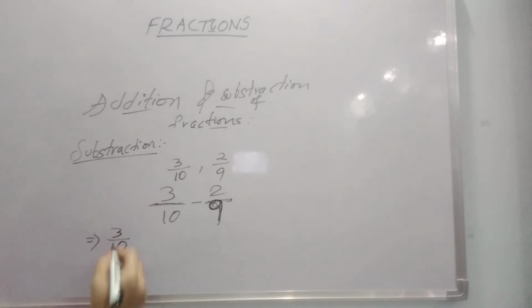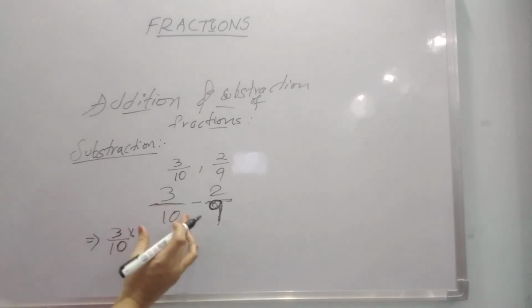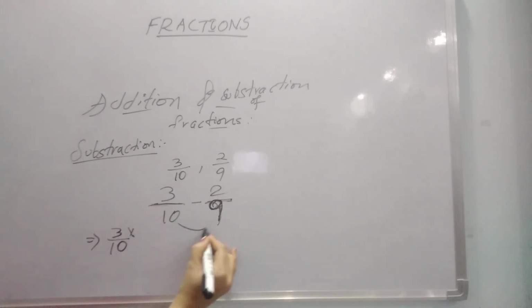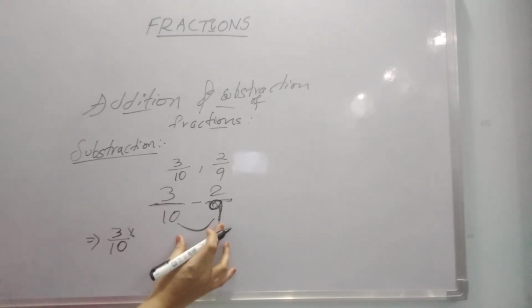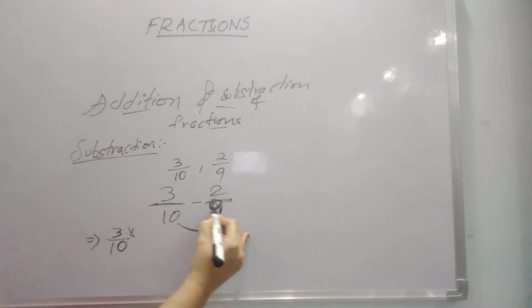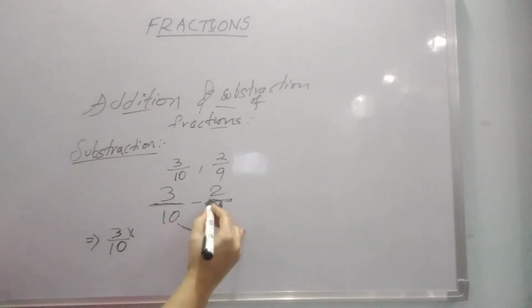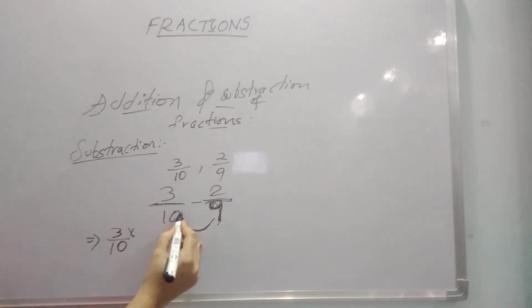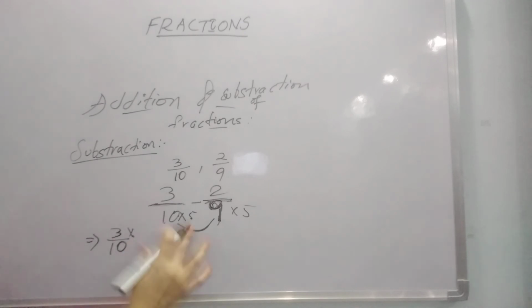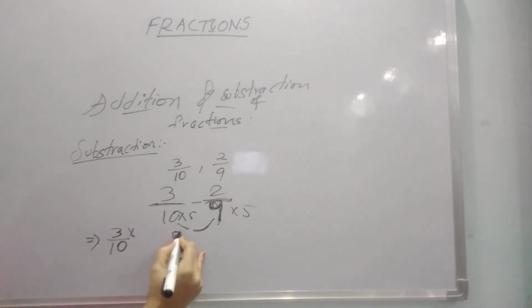So 3 by 10. For what number can we multiply? We have to make the two denominators same. Here 10, here 9. How can the two numbers be the same? Suppose we multiply here by 5, that means 50 and here 45.